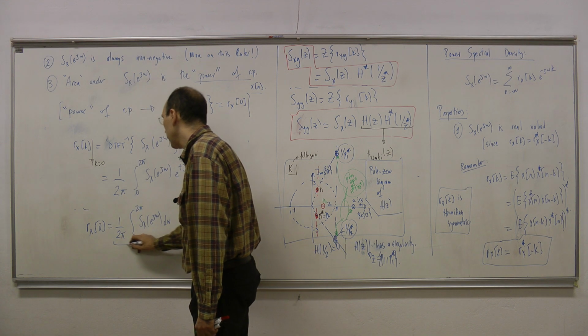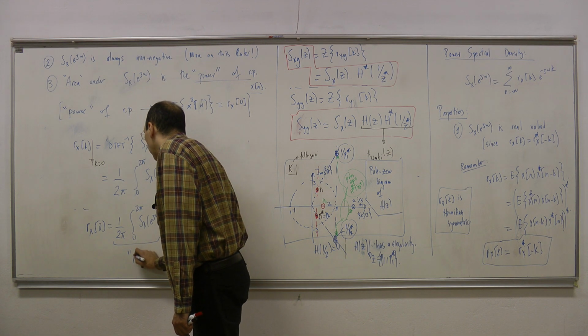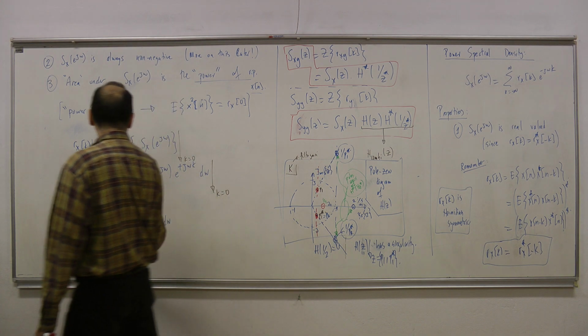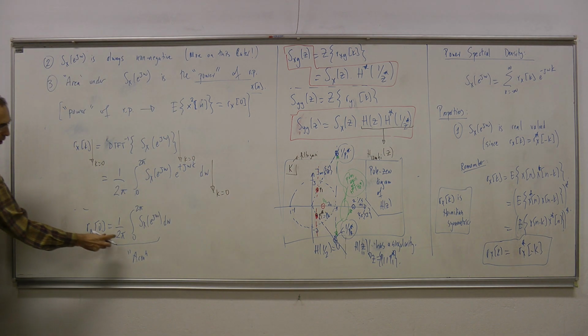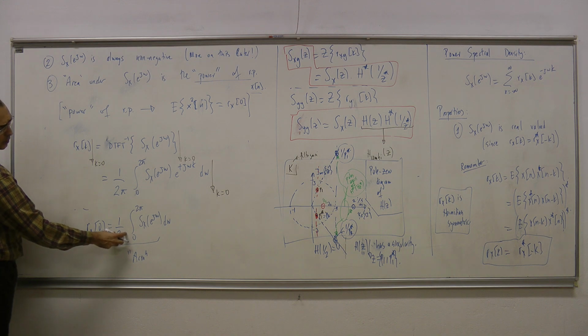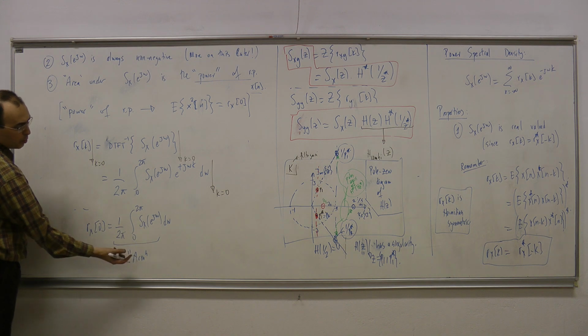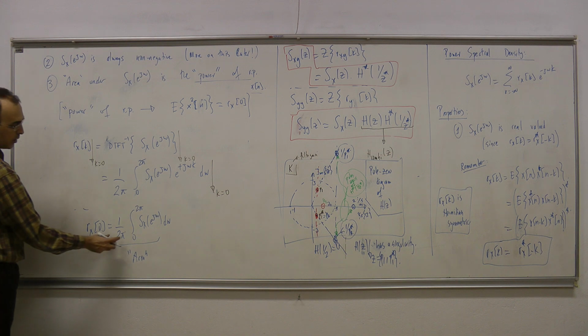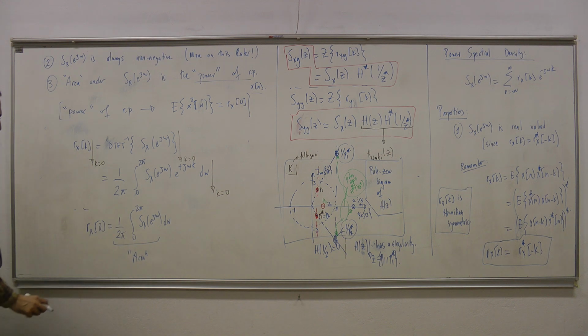So this is what I mean by this area. There is a 1 over 2 pi factor, but this is not very important. I can always include this 1 over 2 pi factor if I wish into this definition, but I don't want to complicate my definition. So this is just appearing because of the Fourier transforms.